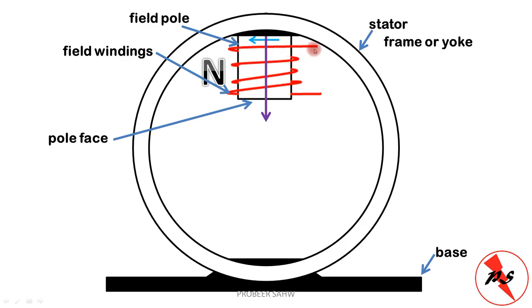If we pass DC current in this direction, then according to the right hand thumb rule, a magnetic field will be produced in this direction. So this pole will behave as the north pole.